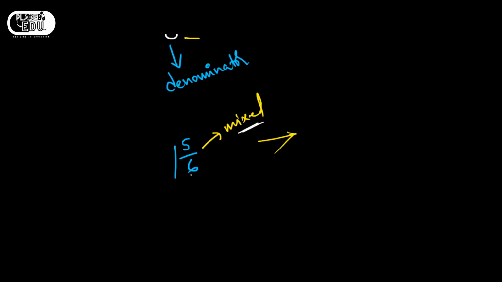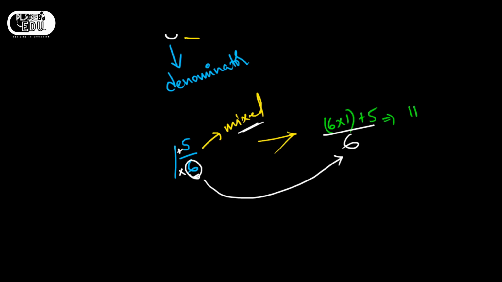This is the denominator that we have to write here, and the numerator will be 6 into 1 plus 5. Understood? I'm writing it here. 6 into 1 plus 5 is 11 by 6. Here 11 is the numerator, 6 is the denominator.